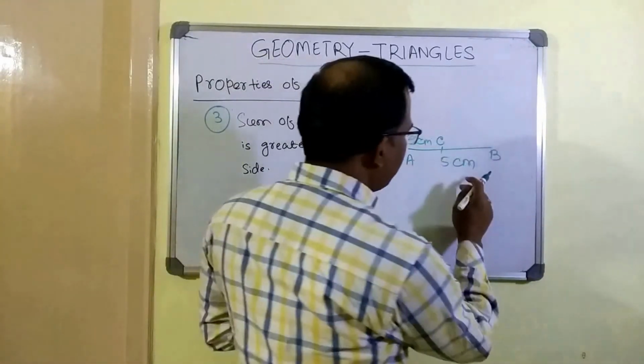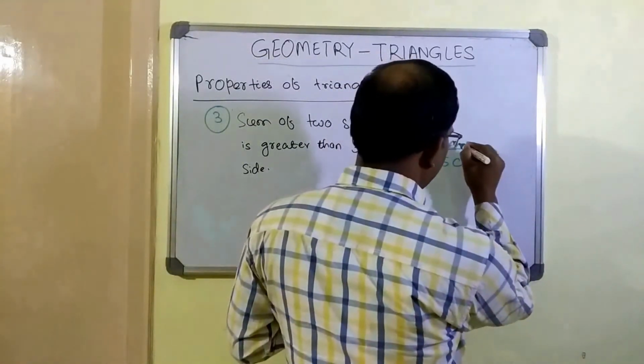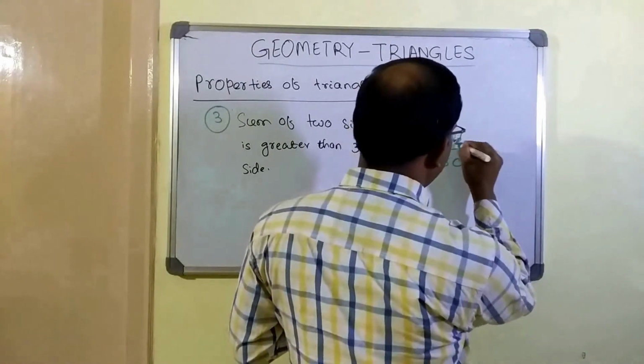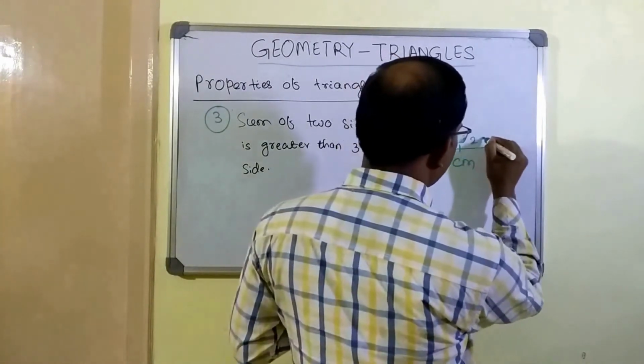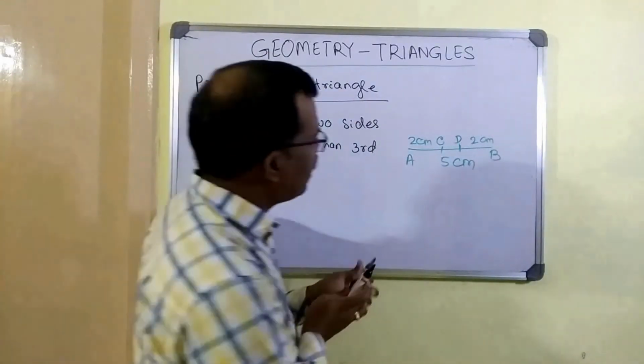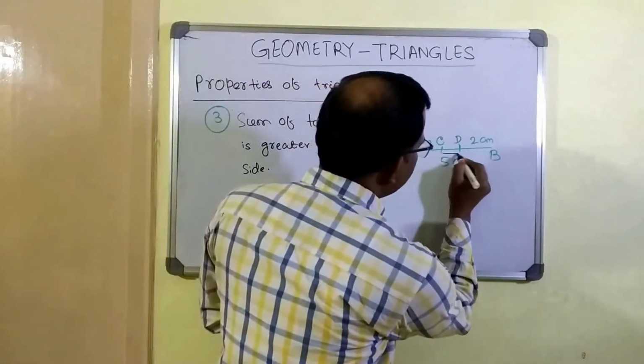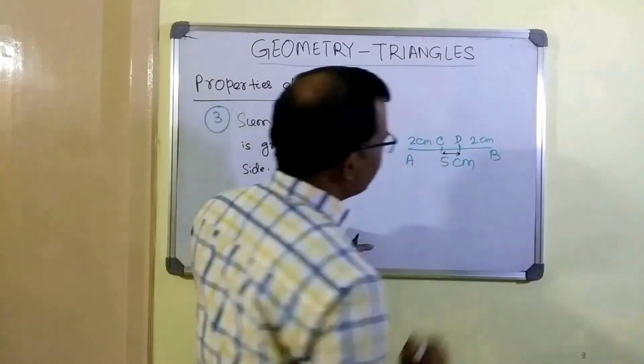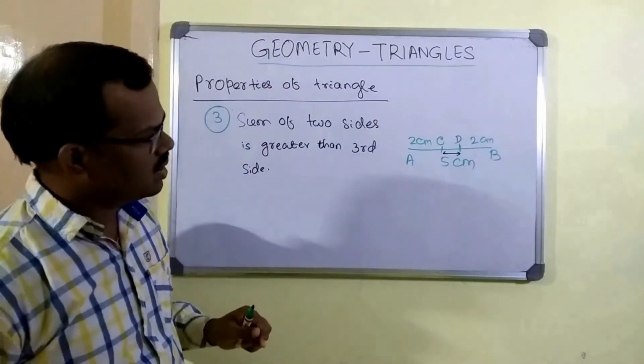From the end B, I am going to mark another point called D, which is also 2 centimeter. Now you can see that there is a glaring 1 centimeter gap between C and D.